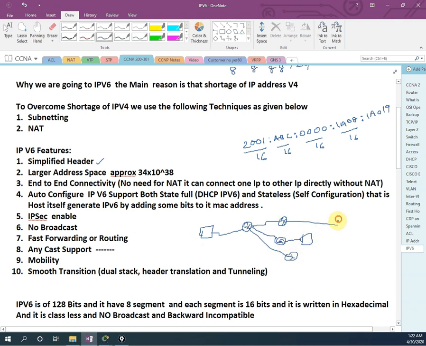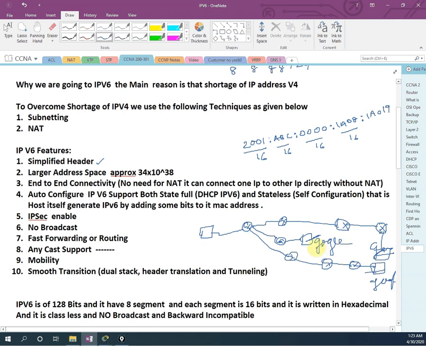We have three or four routers here, and at last I have one server here, and here also I have some routers, and one server is connected. For example, this is a Google server, and this is the same Google server. So what we do when we are using IPv6 is assign the same IP address to all the Google servers.